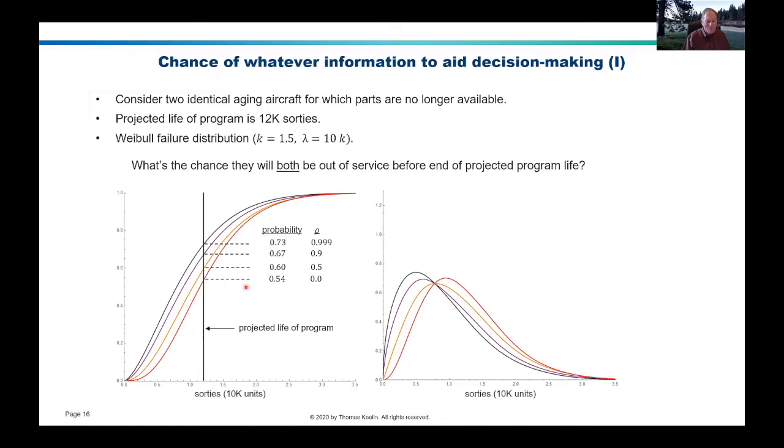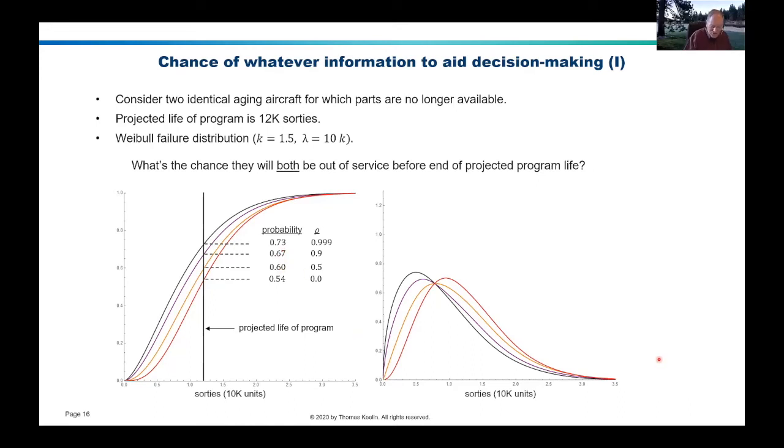If they are independent, then rho equals 0. If one fails, the other one might not have failed, so there's a smaller probability of both being out of service for the end of the program life, and that turns out to be 54%. And if they're correlated, it's somewhere in between 60 and 67%. So that's just an illustration.